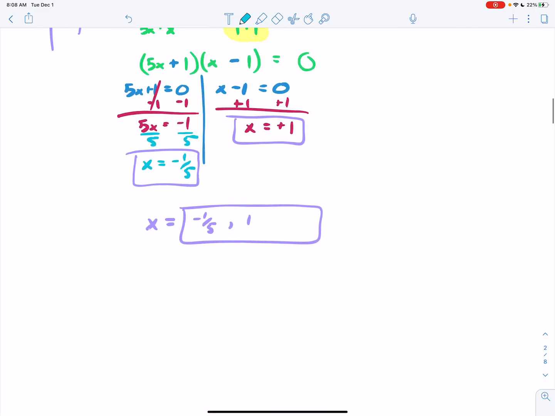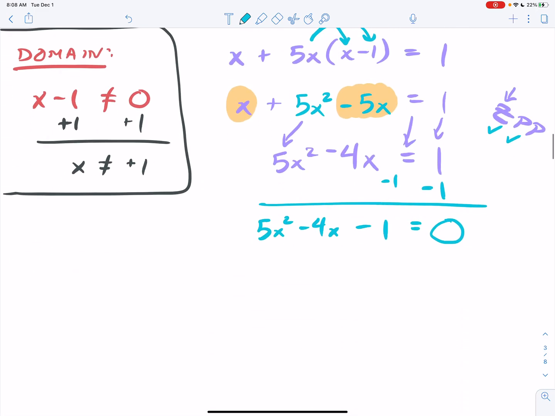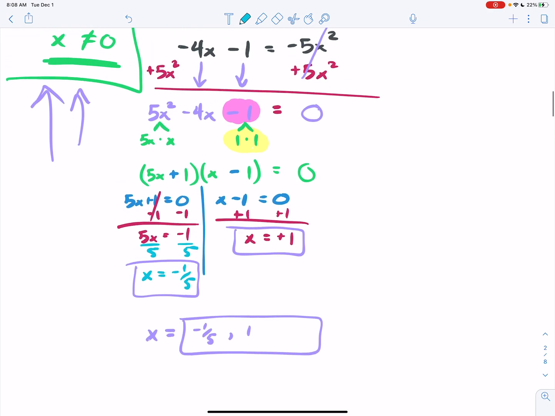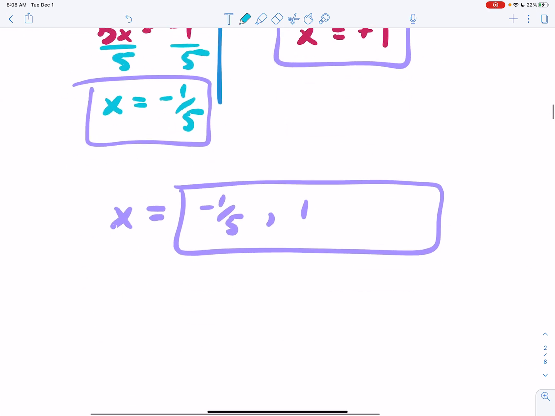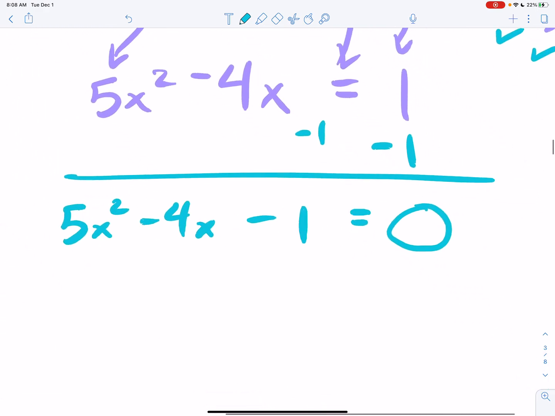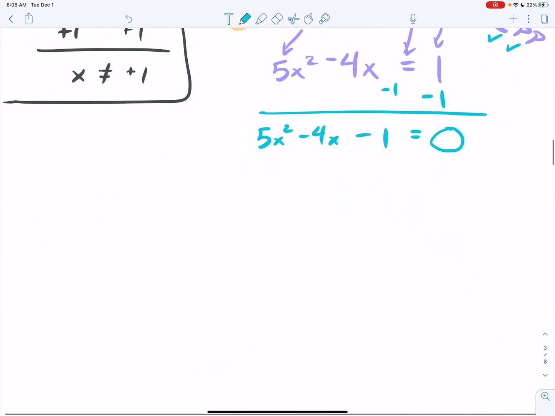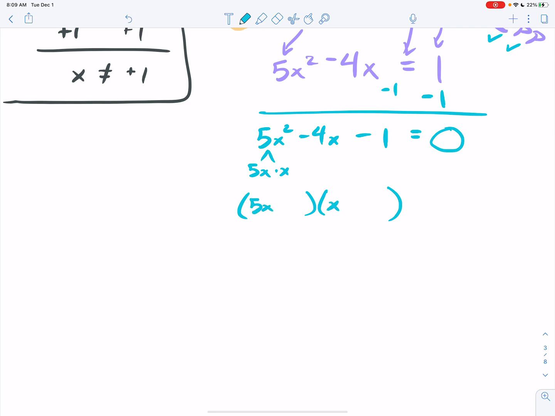Is this the same one as the last one? Oh, how convenient. So we ended up with the same quadratic trinomial here. So that'll make things a little bit easier here. So then you would just factor. That was just a pure coincidence, you guys, okay? So that's just 5x times 1x. So I'll put that here. And that's just 1 times 1.